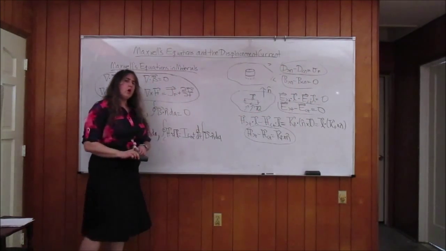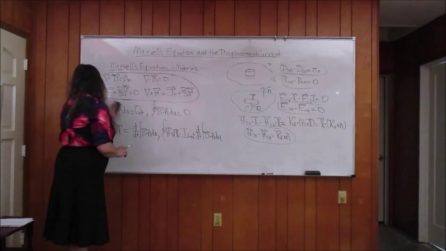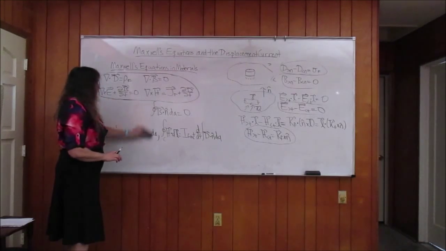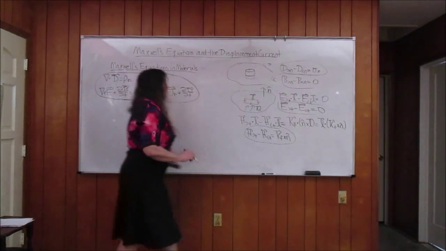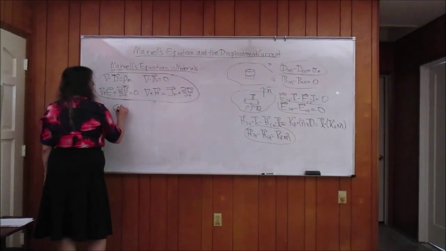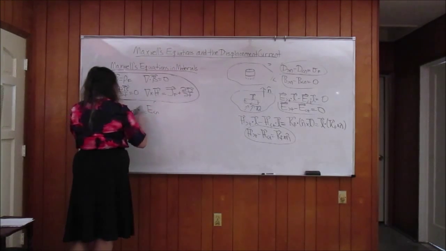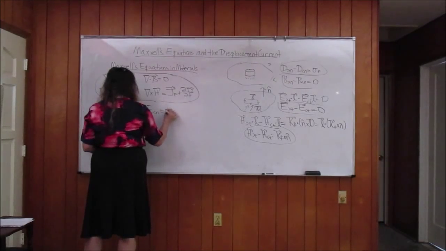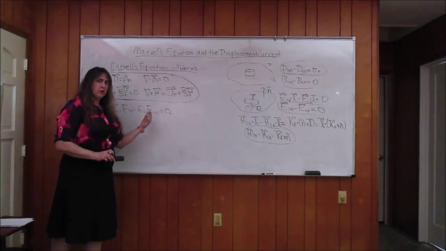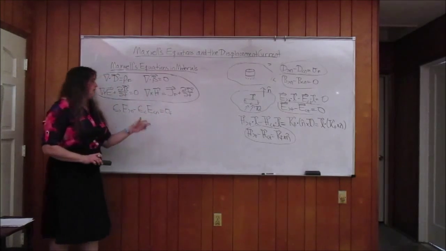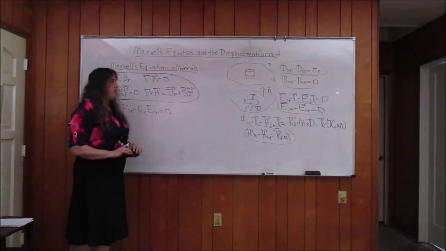Now, it's convenient to express these only in terms of electric and magnetic fields, and again, because we are dealing with linear homogeneous isotropic media, I can rewrite this boundary condition as the permittivity of the material above the interface times the normal component of the electric field above the interface minus the permittivity below the interface times the normal component of the electric field below the interface is equal to the free surface charge density.